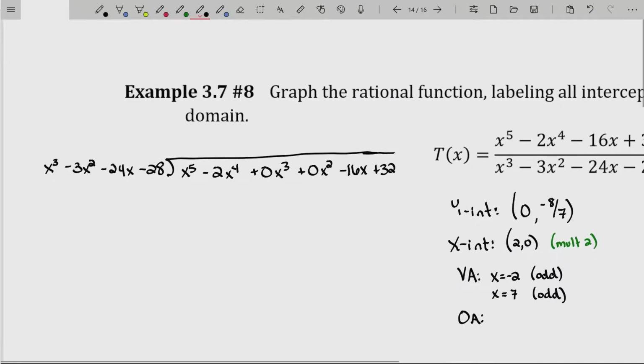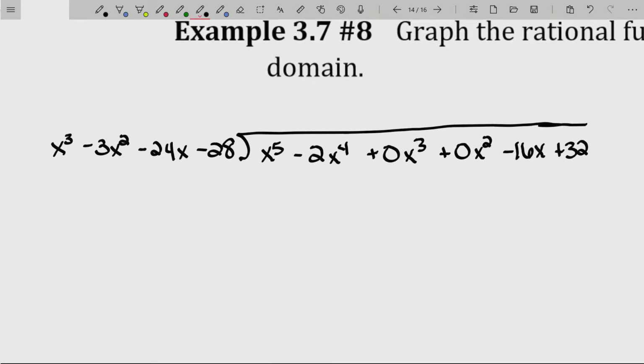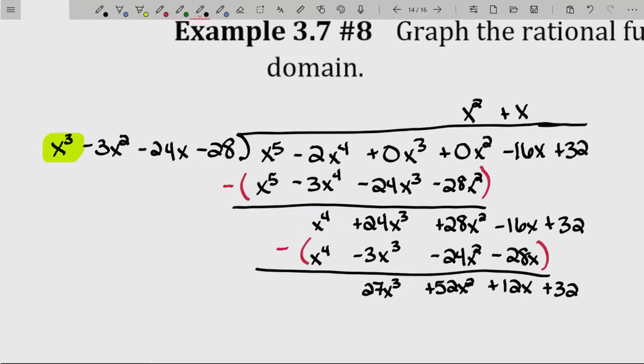So what I'm going to do here is just automate the long division. You should just ask yourself how many times x cubed goes into x to the 5th, and here I go. All right, so we get there, and now we're going to ask ourselves how many times does x cubed go into x to the 4th? All right, and finally, we ask how many times does x cubed go into 27x cubed?